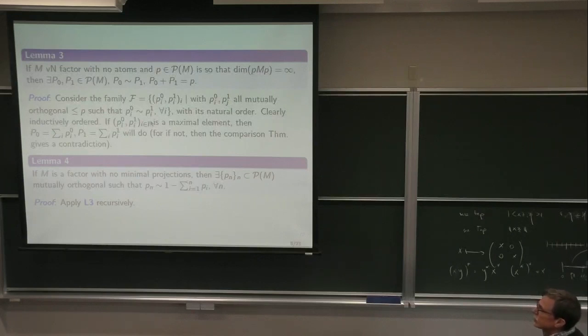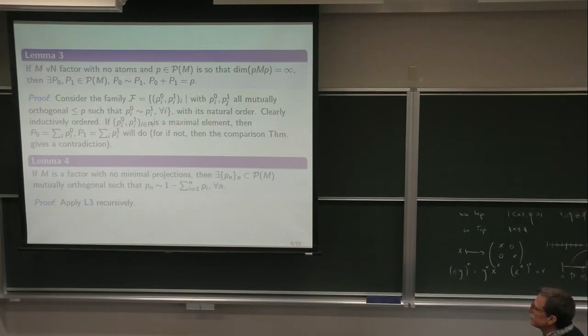And now this is crucial, okay? It's trivial by this lemma that you can, after you split it once in two, let's now assume M is a factor with no minimal projections. Actually, I only need that it has no minimal projections, because that's the only thing we needed here.